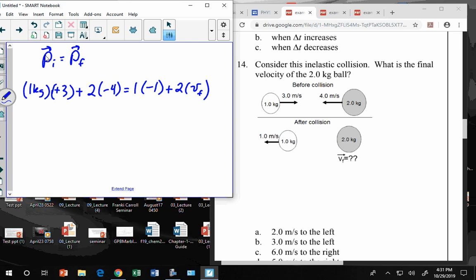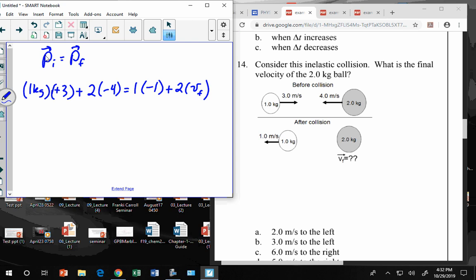You might be inclined to think that v_f is going to be to the right, but that's not always the case. Like we might be inclined to think, well, if they're coming this direction, they bounce off, then they must bounce off in the same direction. But I think in this case, that's actually not true, that they both wind up going to the left. But let's see. Just don't go into the problem with that already in your mind.